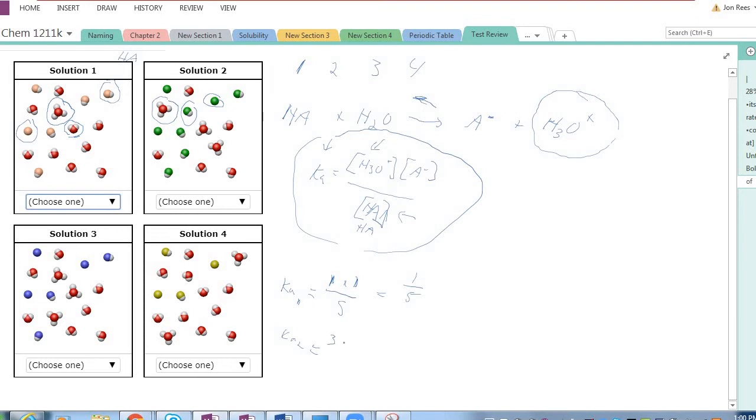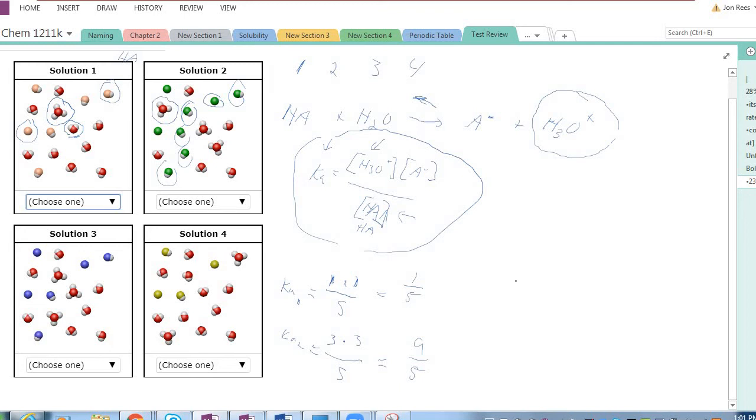Times the A minus, and I see 1, 2, 3 of those as well. Divided by the HA, I've got 1, 2, 3, 4, 5. So I count 5 there. Just double checking.